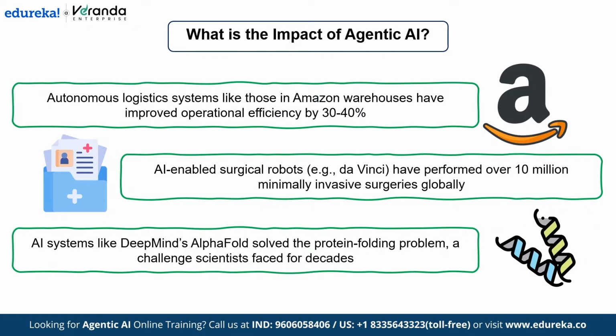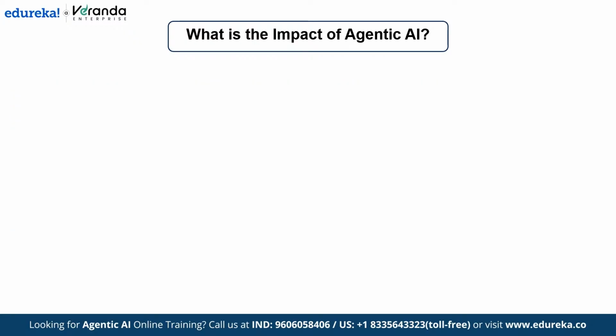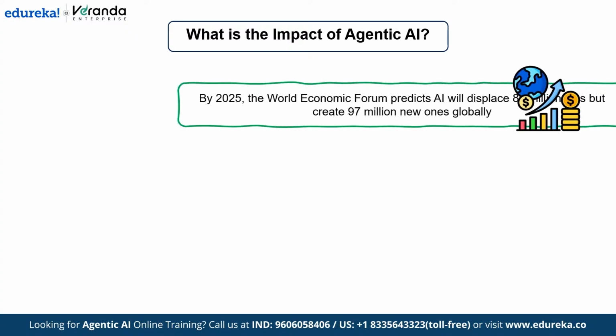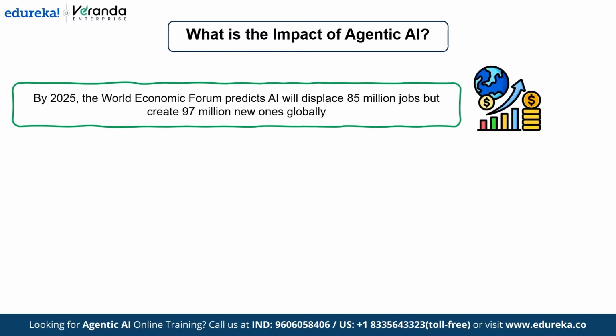Scientific advancements have also been transformed by systems like DeepMind's AlphaFold, which successfully solved the decades-old protein folding problem. On a global scale, the World Economic Forum predicts that by 2025, AI will displace 85 million jobs while creating 97 million new ones, reshaping the labor market.